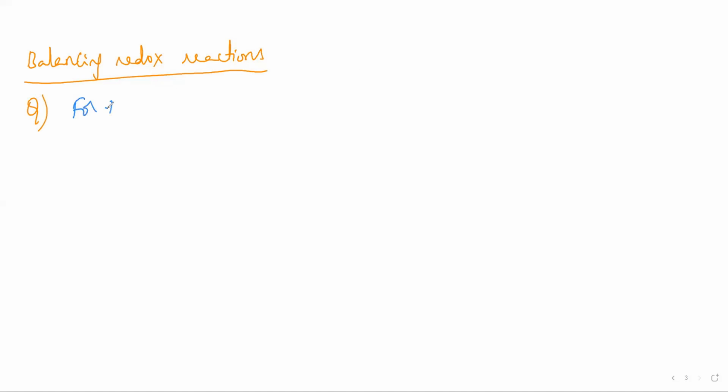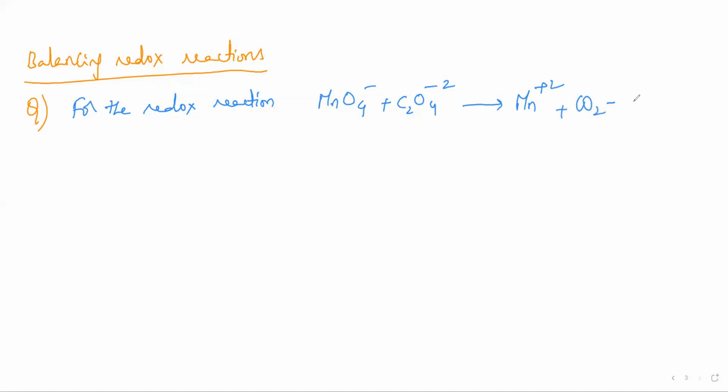For the redox reaction, this is the given redox reaction: MnO4 minus plus C2O4 minus 2 gives rise to Mn plus 2 plus CO2. This is in acidic medium. So H plus indicates balancing a redox reaction in acidic medium.